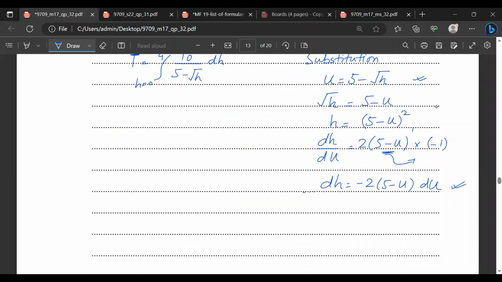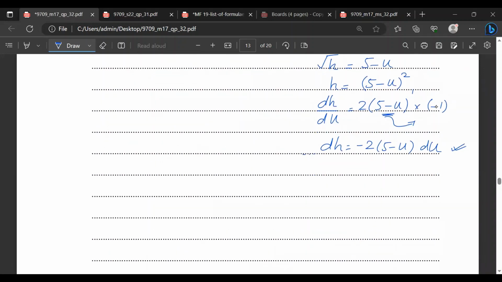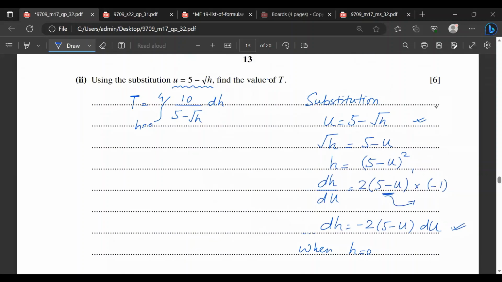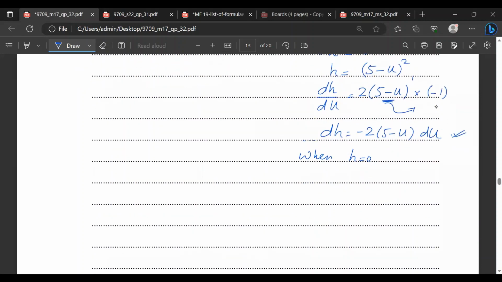Now let us change the limits. When h is equal to 0, using this substitution, u is 5 minus 0, which is equal to 5.